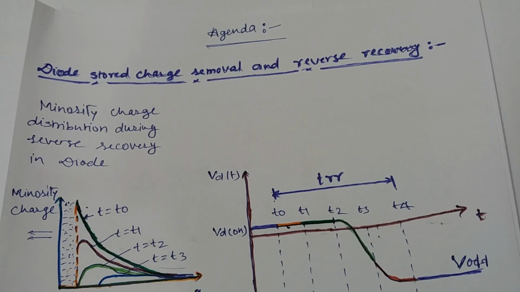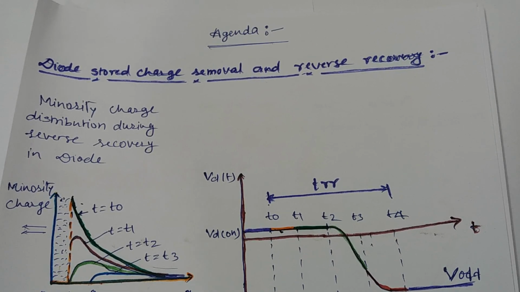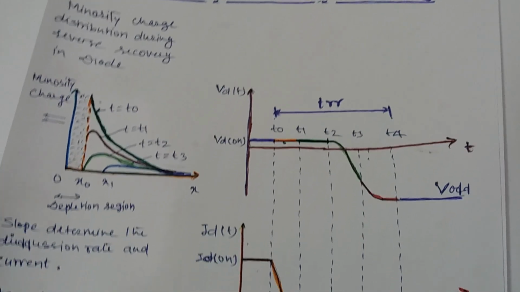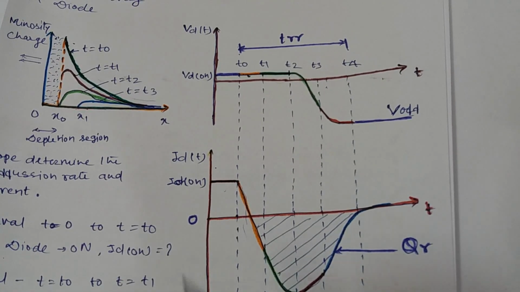So now let's talk about stored charge removal and reverse recovery, meaning how you remove the stored charge in the junction capacitance, and what reverse recovery is.